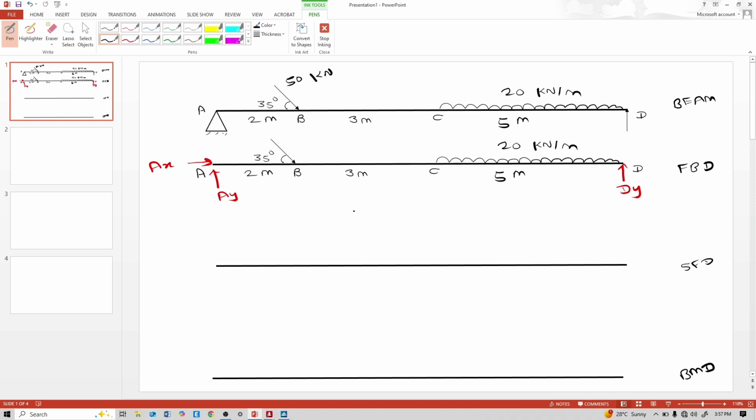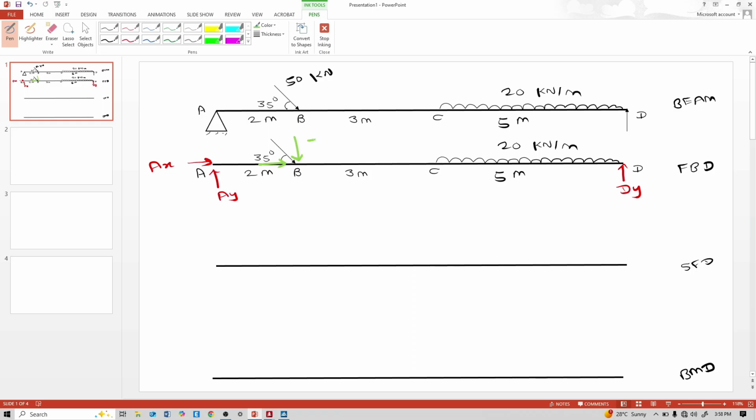So we need to resolve this inclined 35 degree load into two components, one vertical component and one horizontal component.